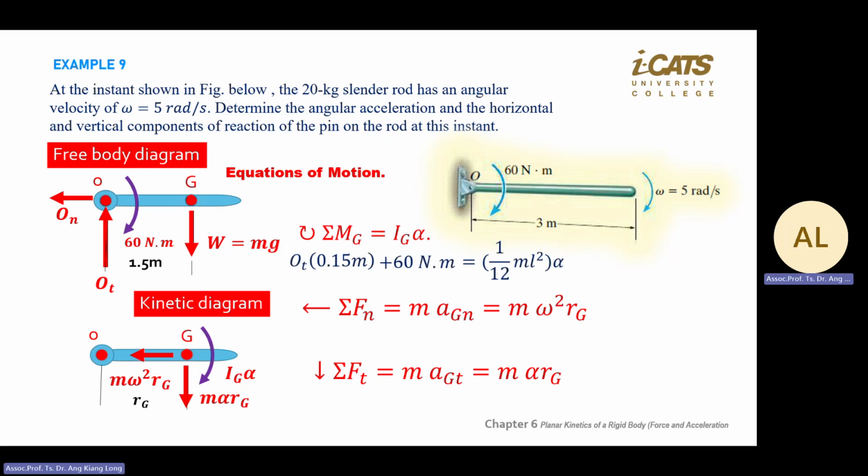Okay, so here, IG, you can read your appendix too. The appendix is a rod, and you're looking at the center. The center of G is at the center here. This is the center of mass of the rod.